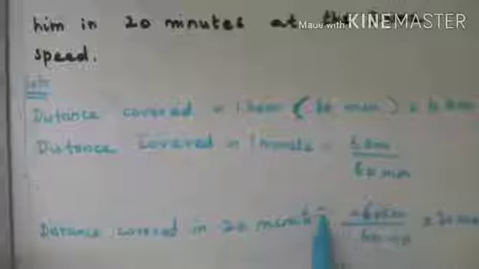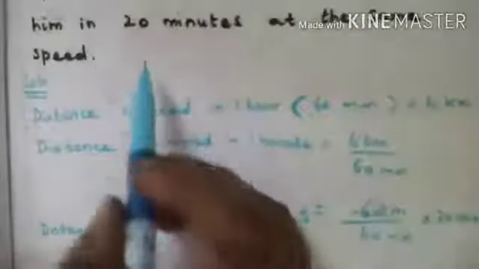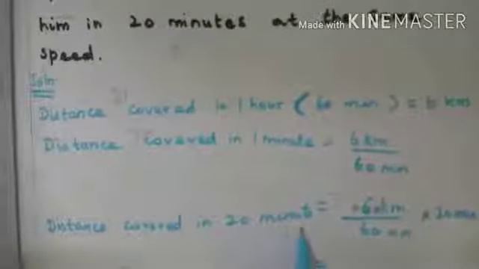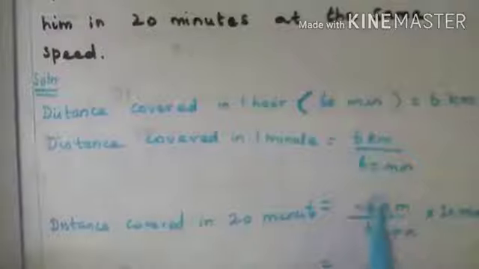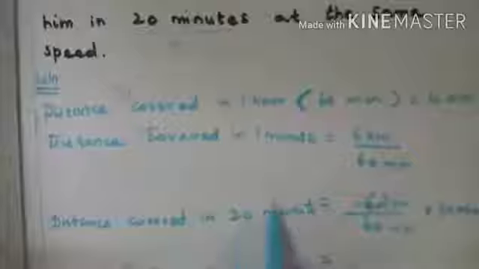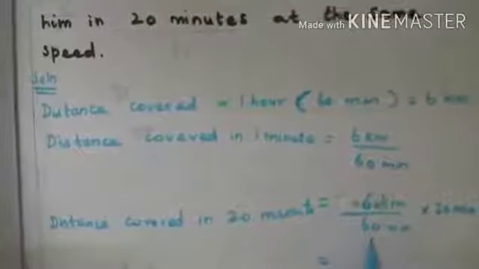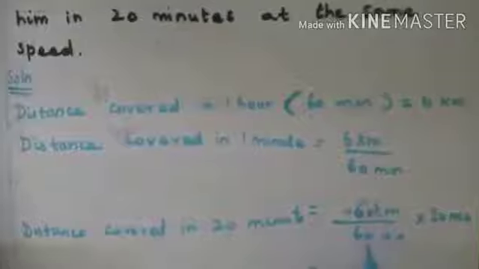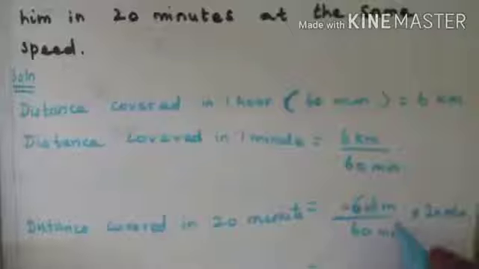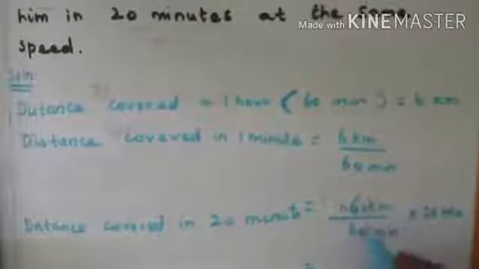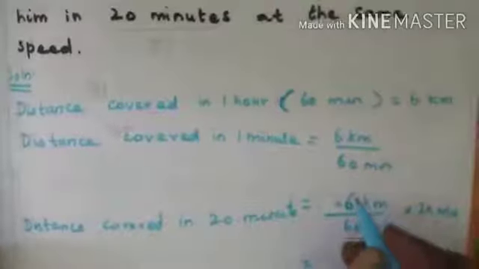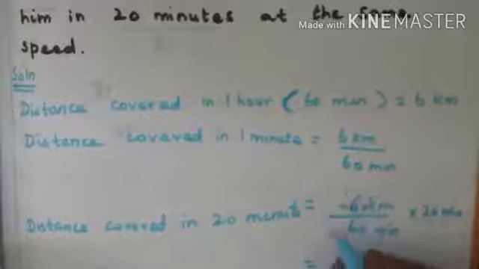Now you see here, distance covered in, we need 20 minutes. Distance covered in 20 minutes is equal to 6 kilometer by 60 into 20 minutes, since for 1 minute it is 6 kilometer by 60. Now we can strike the minute, and strike 0 and 0. 1 6 is 6, and 1 6 is 6.